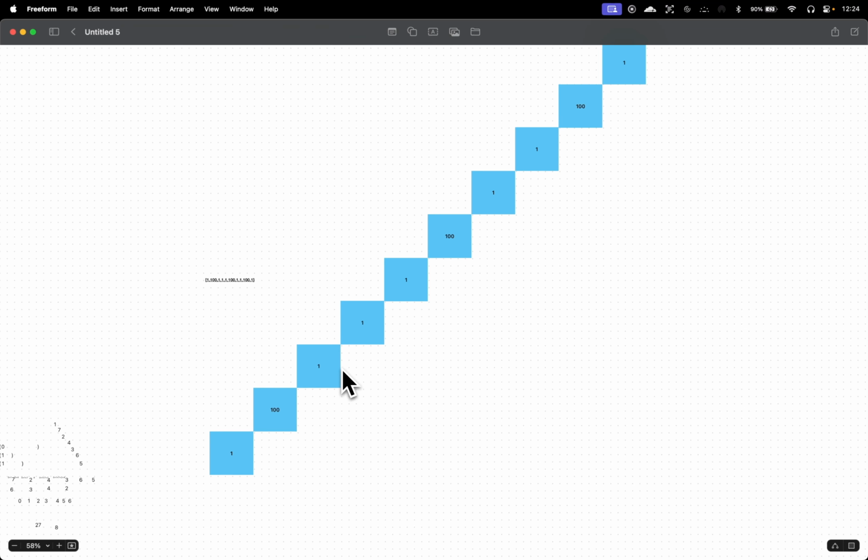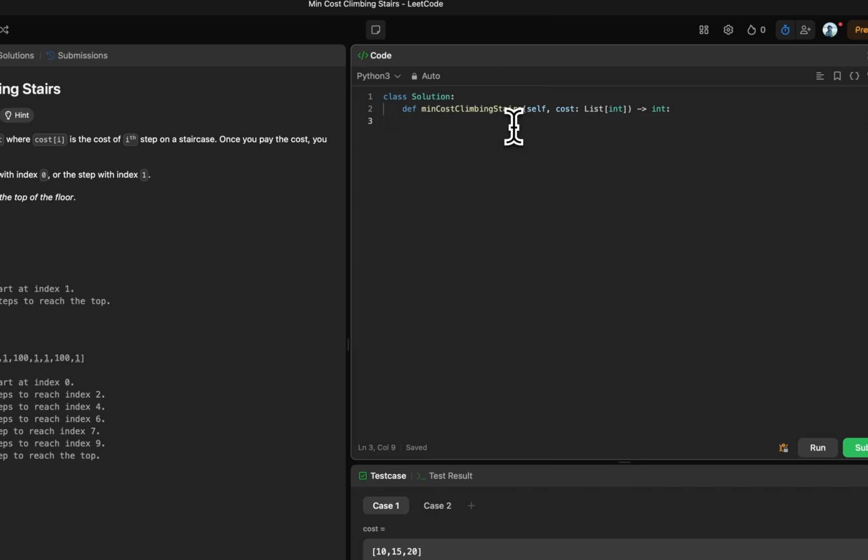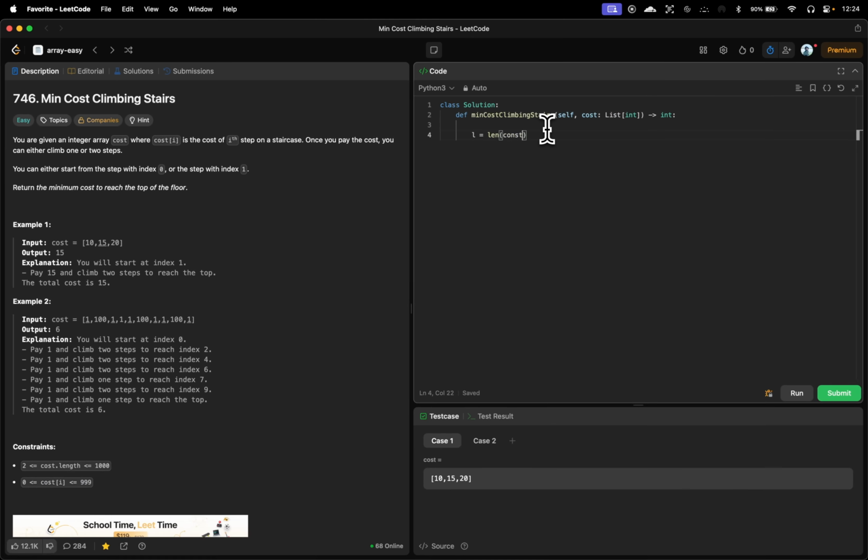Okay, so at any point of time, how many loops would there be then? It would not be a for loop because I want to go till the length. Okay, it is going to be a while loop. So I'm going to start. Let's say I want to get the length of the cost, so that's how many elements are there. And then let's say I start with i, which is 0.